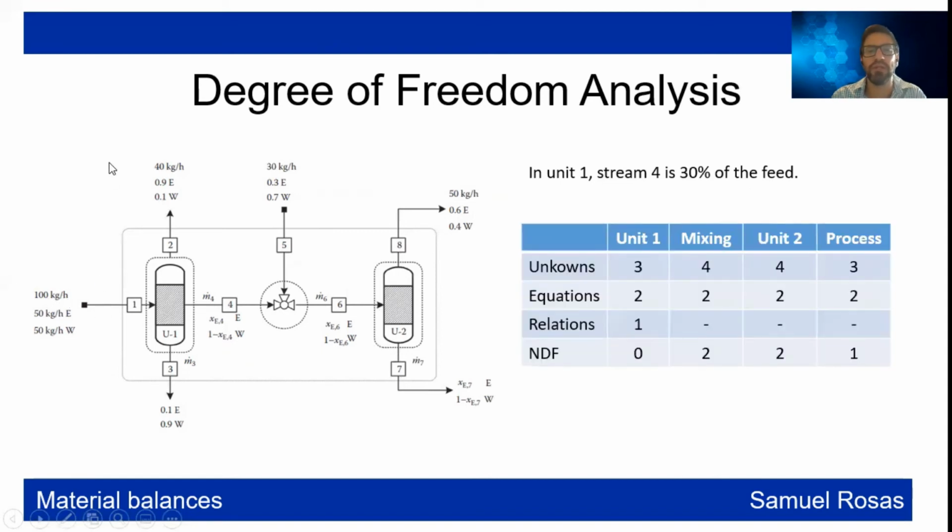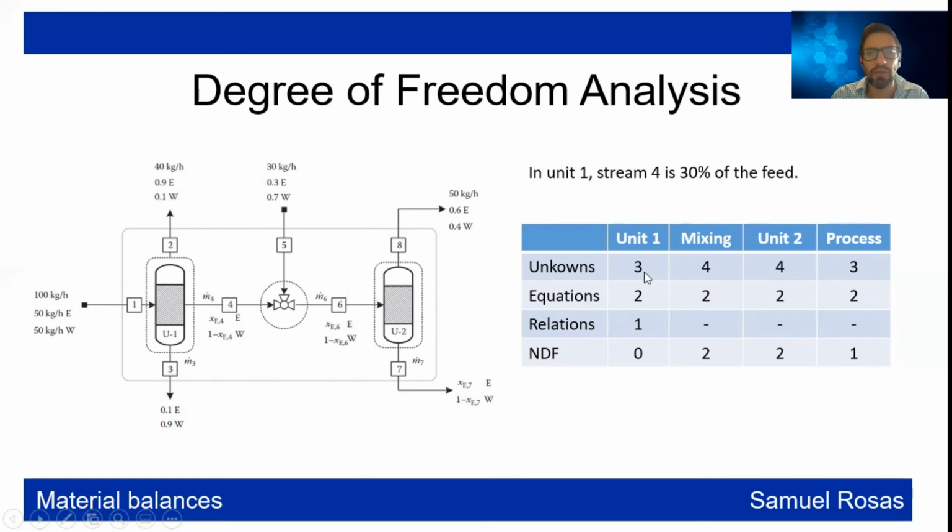If you do your degree of freedom analysis in unit 1, you have 3 unknowns: you don't know M3, you don't know M4, and you don't know this X. But if you know this X, you know the other complement, right? You don't know the X of E, but if you know the X of E, you can get the X of W. So that's 1, 2, 3 unknowns.